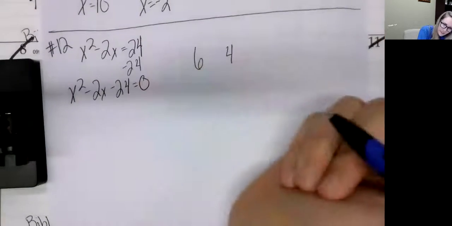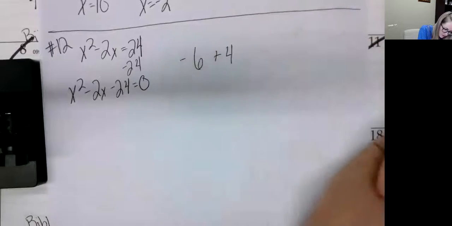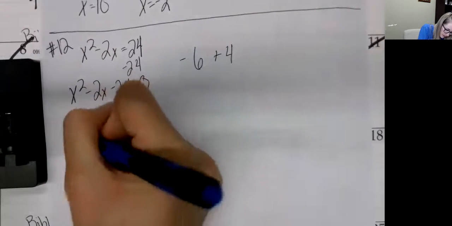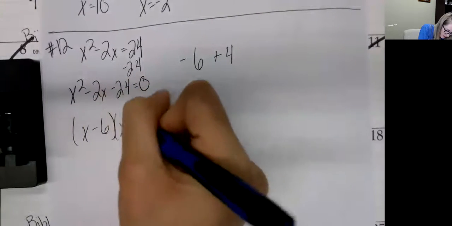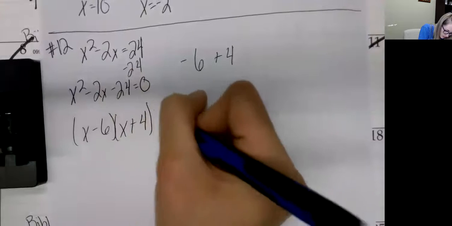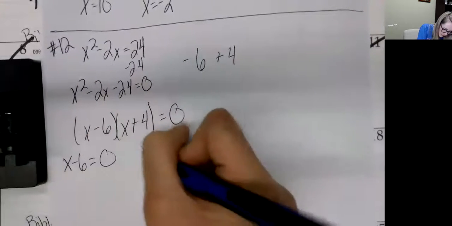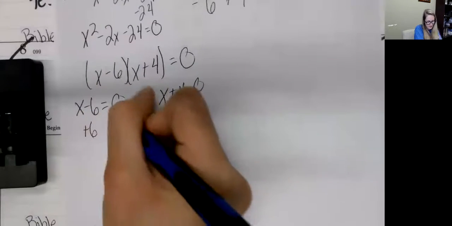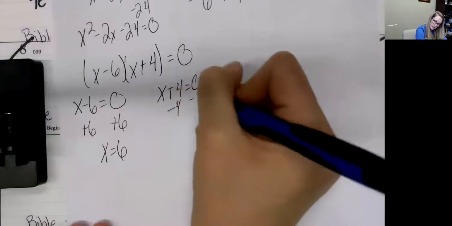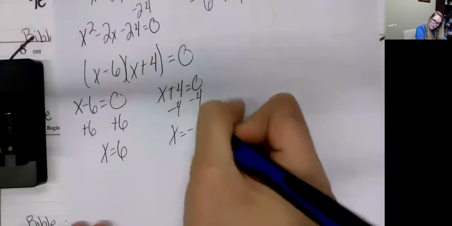I want a negative 2, so I'm going to have a negative 6 and a positive 4. So I have x subtract 6 times x plus 4 equals 0. Break them up. X subtract 6 equals 0 and x plus 4 equals 0. Add my 6, x equals 6. Subtract my 4, x equals negative 4.